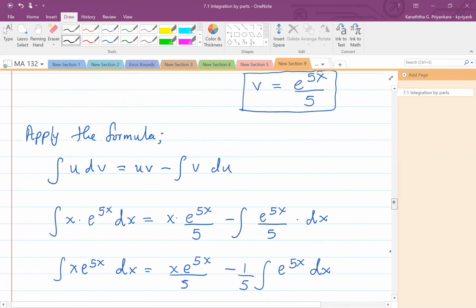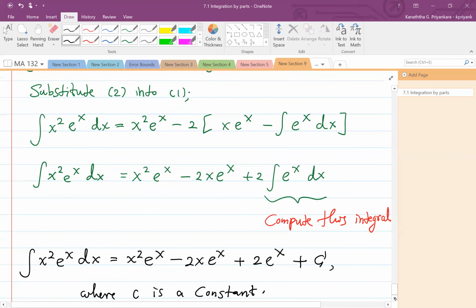Redo these problems. In the next video you will learn some important problems. Sometimes we will use integration by parts more than one time, and then we get back to our original problem. So how do we handle those kinds of problems? I will discuss those in the next video.